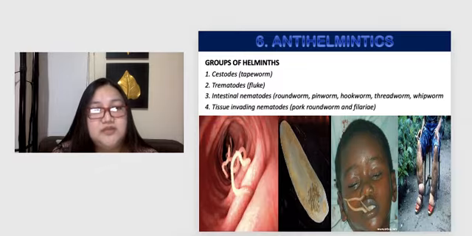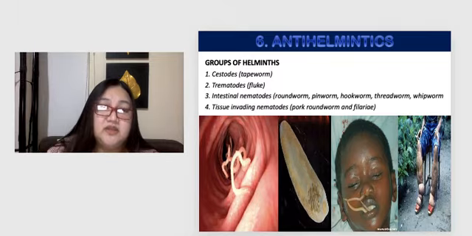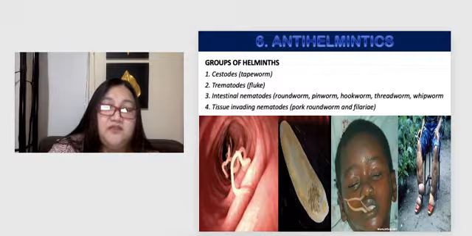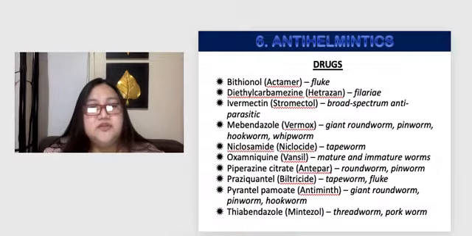So, mga hindi masyadong luto o yung mga raw foods. Si filariae, in the photo you can see, no, nagkakaroon ng parang elephantiasis, naglalakihan ang mga lower extremities as the effect of the infection. These are the drugs, okay?